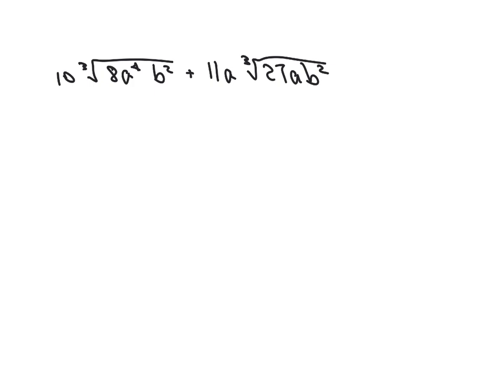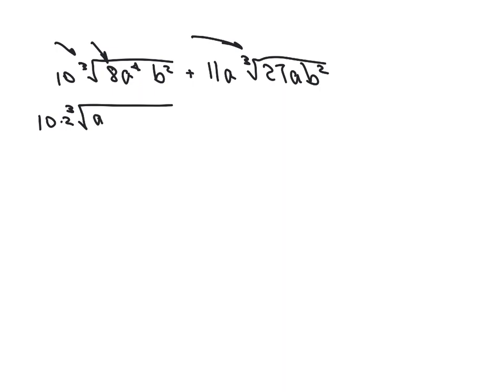Okay, this is example number 4. We got to remember we have cubed roots here. So we're looking for a number that we can multiply by itself 3 times to get 8. And that ends up being 2. So we're going to put that 2 out here because the cubed root of 8 is 2.